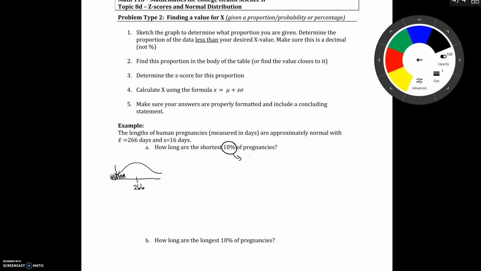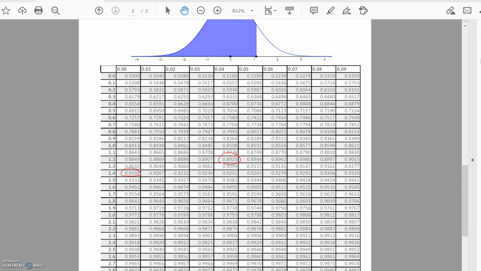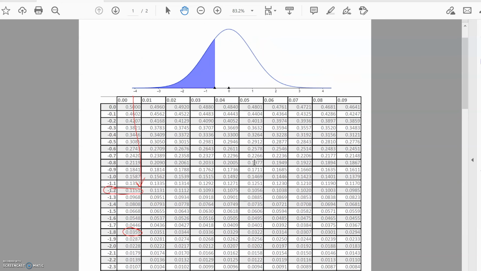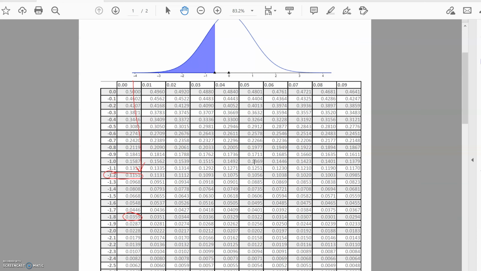10% corresponds with a probability of 0.1000. So we want to figure out what the x value is associated with this cutoff value. In order to do that, first we have to figure out what the z-score associated with a cutoff of 0.1 is. To figure that out, we're going to go to our table and look for the value closest to 0.1.